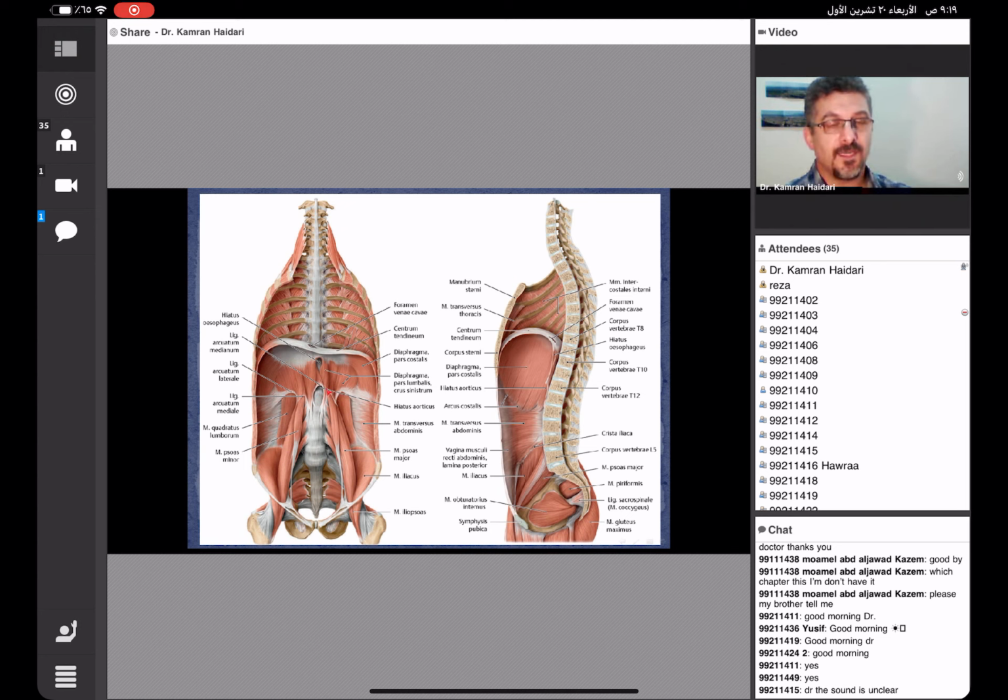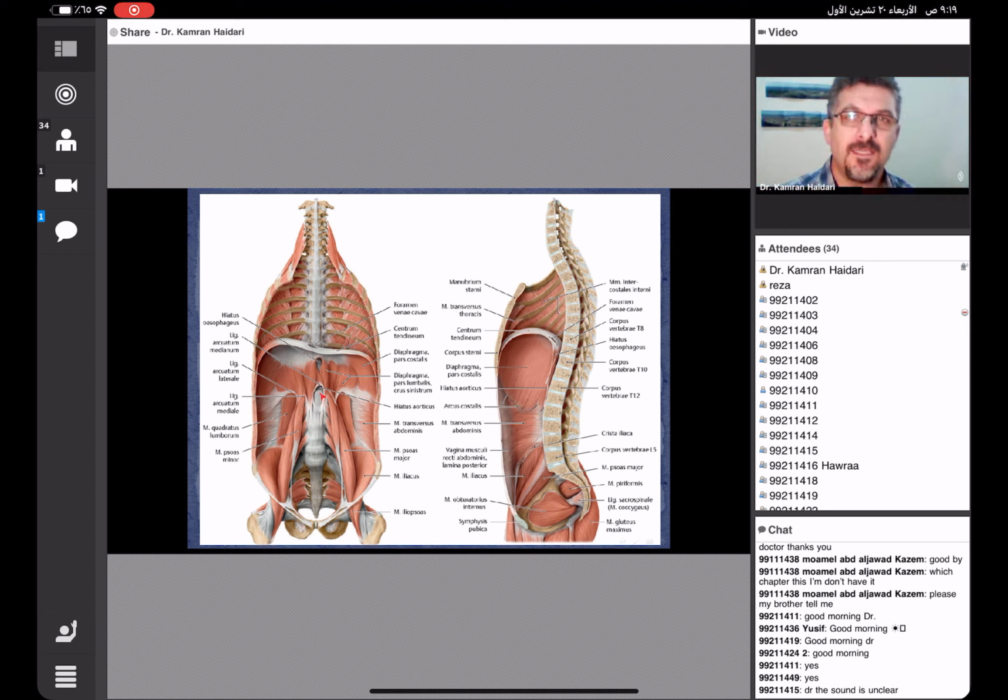Okay, the level of each orifice or hiatus is this. The hiatus for the inferior vena cava is at the same level as T8. The esophageal hiatus is T10, and the aortic hiatus is T12.